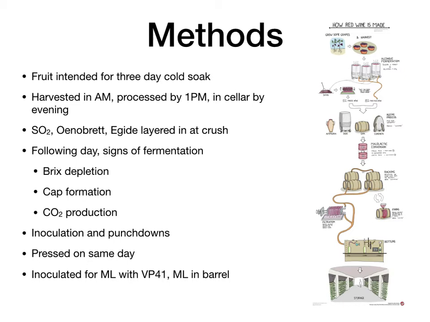However, unfortunately, the following morning when they went to do fermentation monitoring, they did see signs of fermentation, meaning there was a little bit of Brix depletion, but there was certainly a cap forming and some CO2 production. And so because that had already happened, they went ahead and inoculated that afternoon and started fermentation as normal.